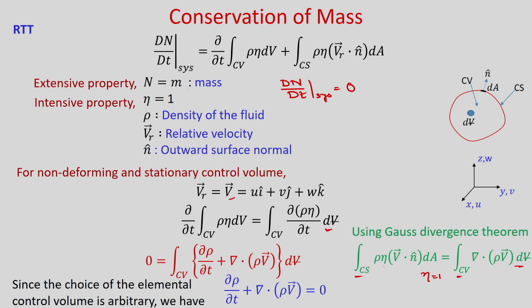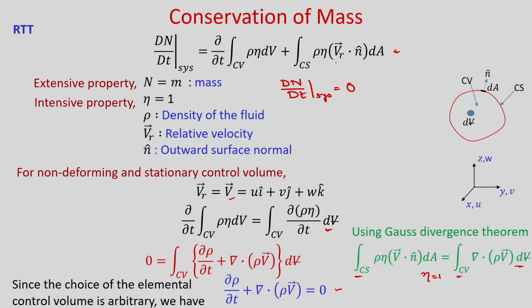Okay. So, in this particular case, if you consider this equation, then the left hand side dN by dt of the system will be 0, and we are considering a non-deforming control volume, then we can write del rho by del t, as eta is equal to 1, plus this last term converted to a volume integral, divergence of rho V dV. Since the choice of the elemental control volume is arbitrary, we can have del rho by del t plus divergence of rho V is equal to 0.